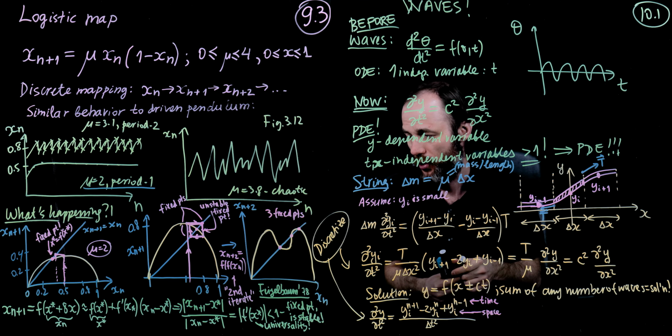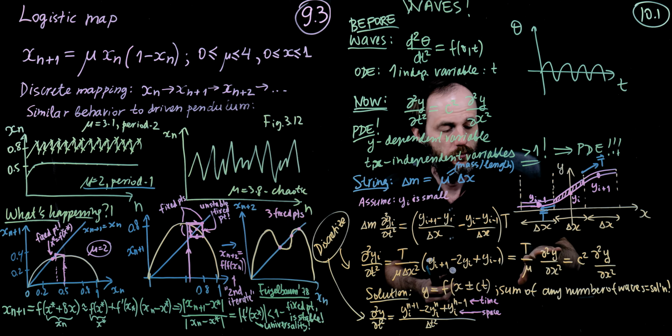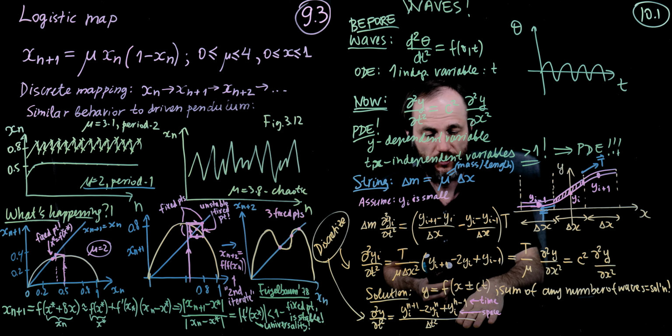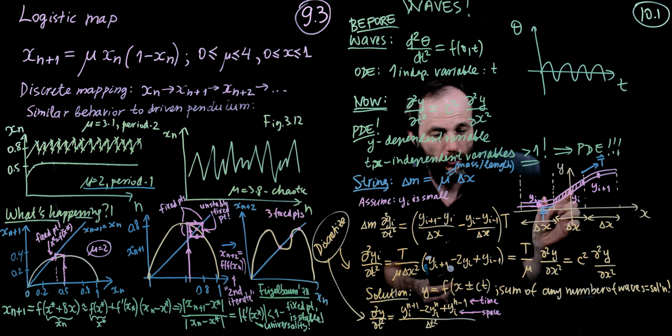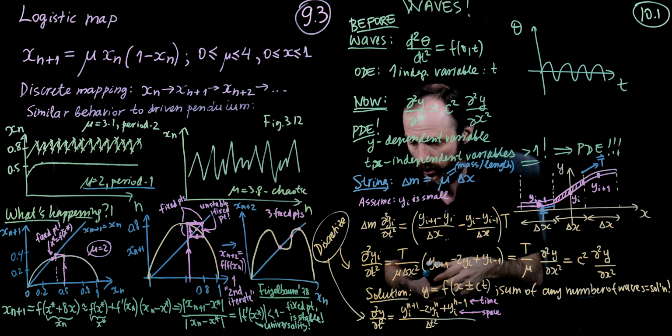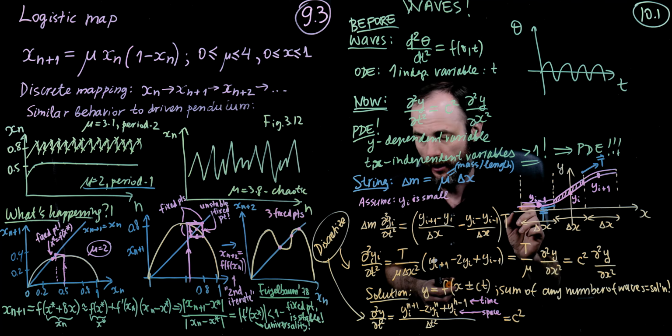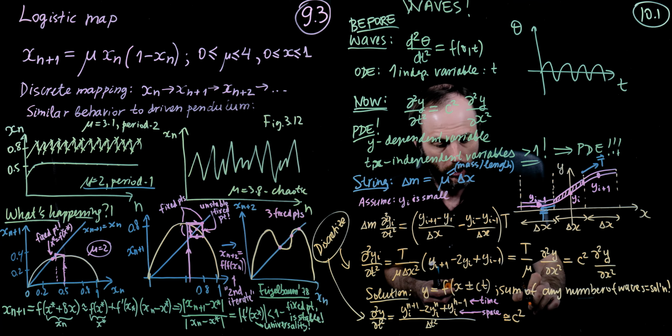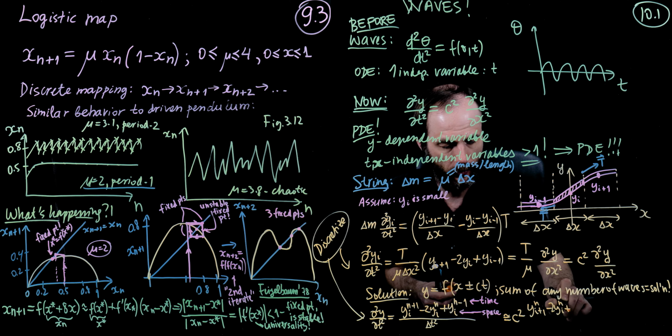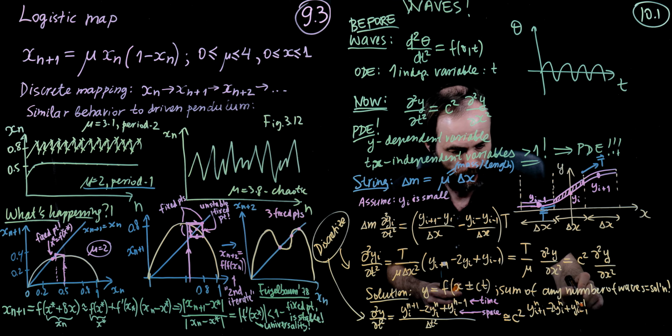So let us now write out what this is equal to from here. This will be equal to c squared times a (y_{i+1} minus 2y_i plus y_{i-1}) minus 1.